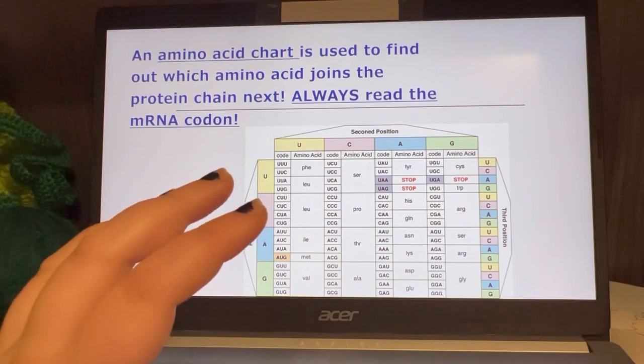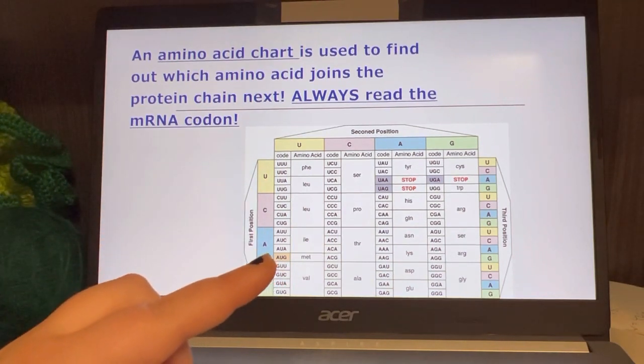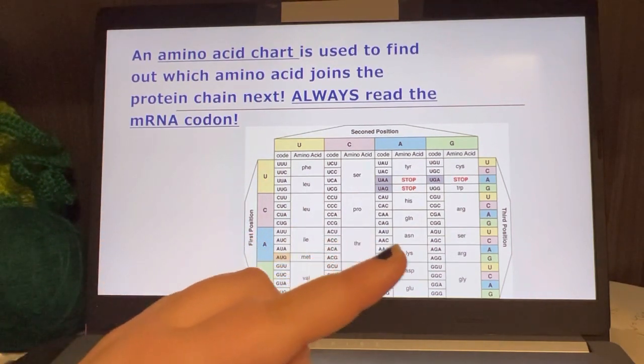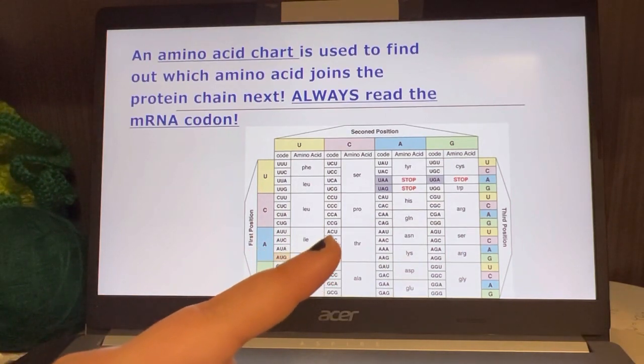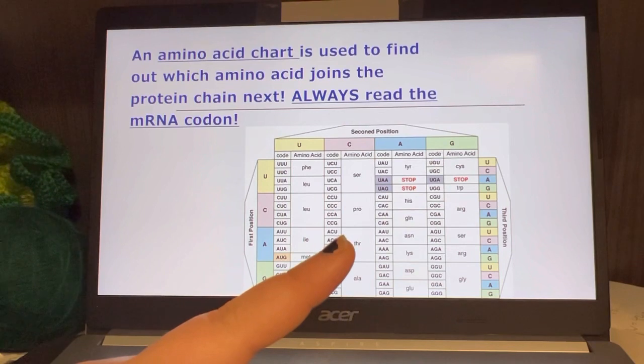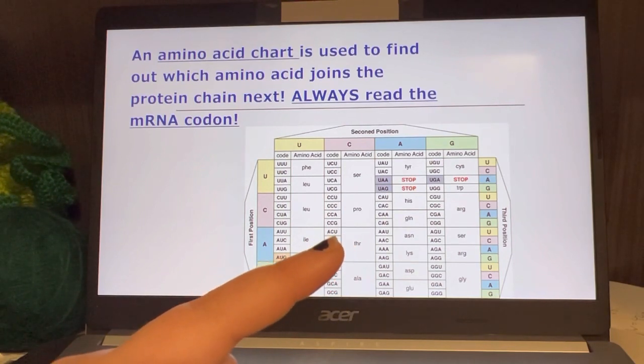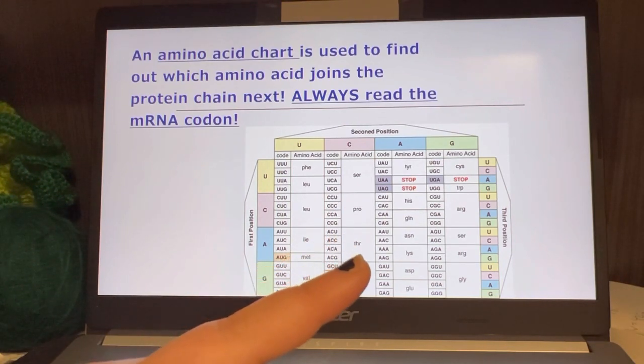So if your first letter of your codon is A, you're looking along here. If the second letter is C, you're looking in this box here. And then if the third letter is U, so ACU, you're coding for this amino acid.